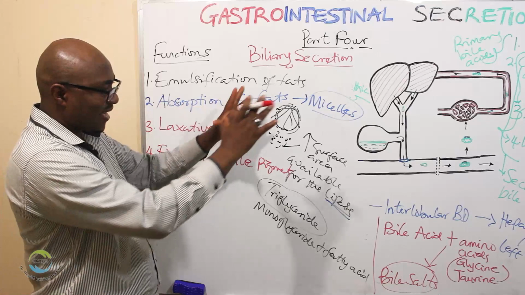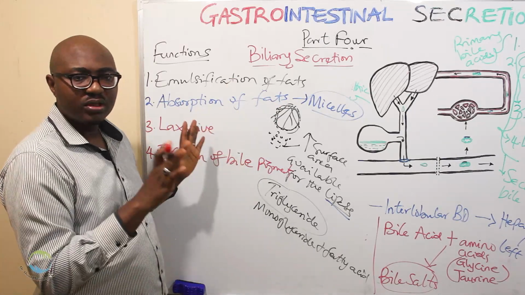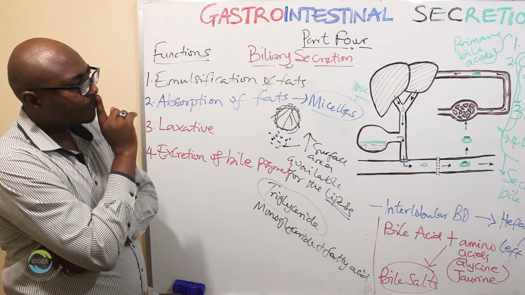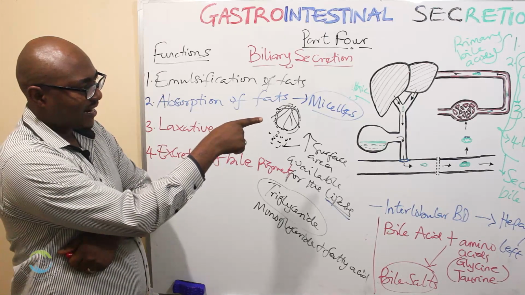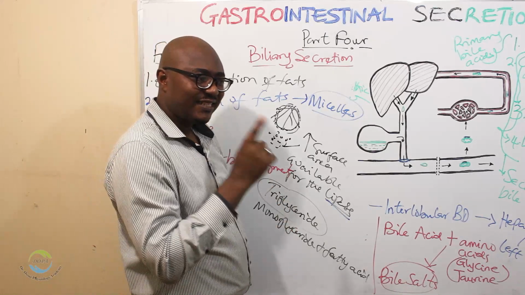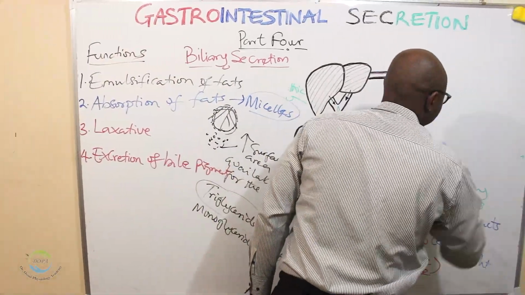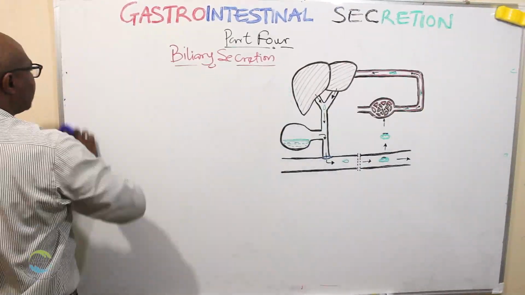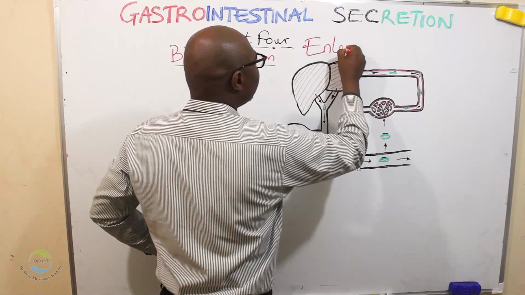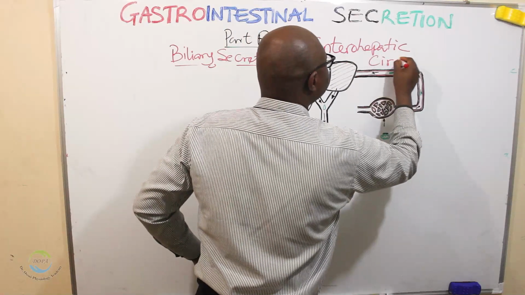That's the function of bile being secreted from the liver and then the gallbladder into the duodenum. Okay? So there's something we now need to talk about. Very important. That's this diagram that is staring at us here. It's called enterohepatic circulation.